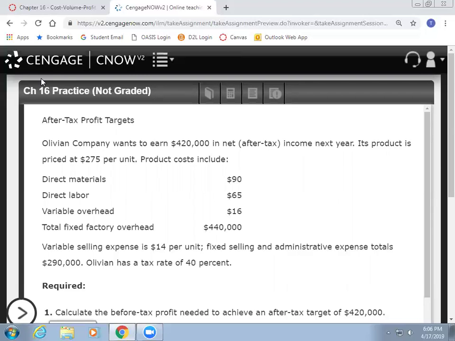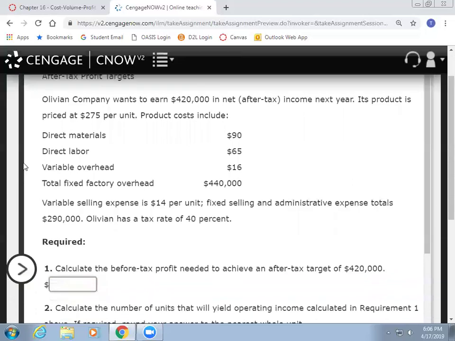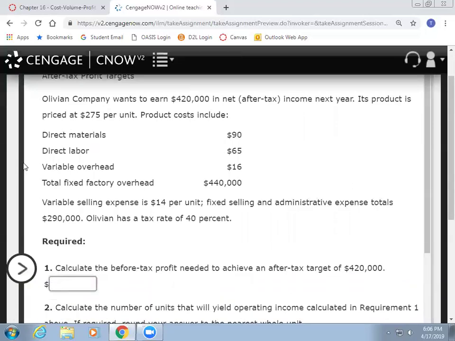Okay. So the first thing it wants us to do is calculate the before-tax profit needed to achieve an after-tax target of $420,000. A lot of words, right? So on your notes, you'll see before-tax profit equals the after-tax profit divided by 1 minus the tax rate.